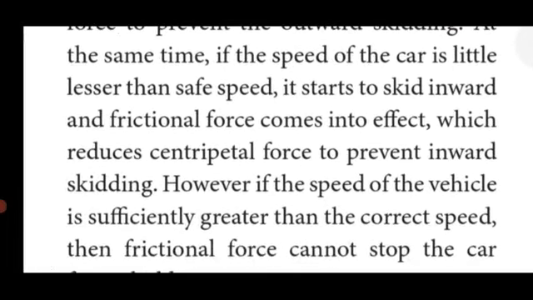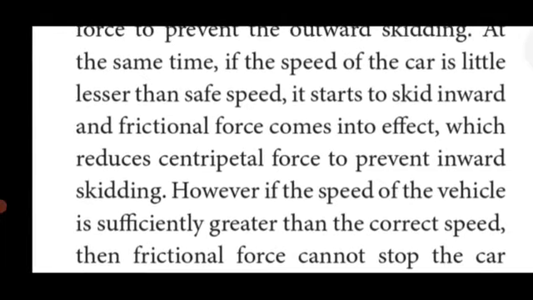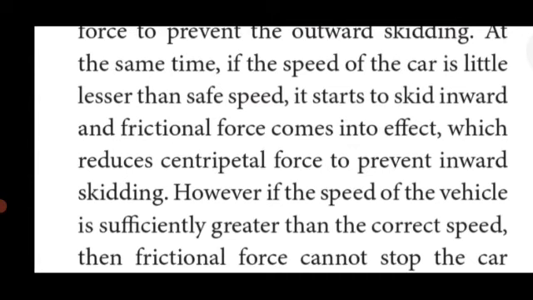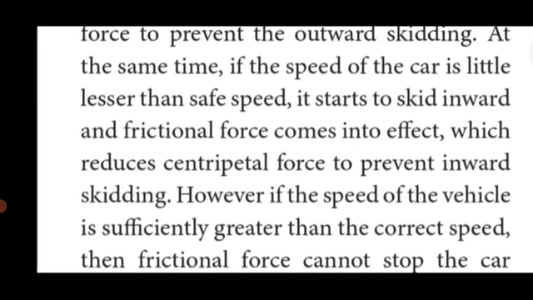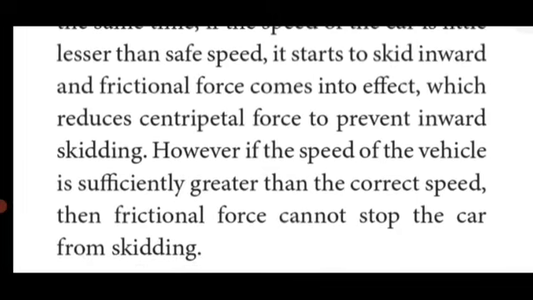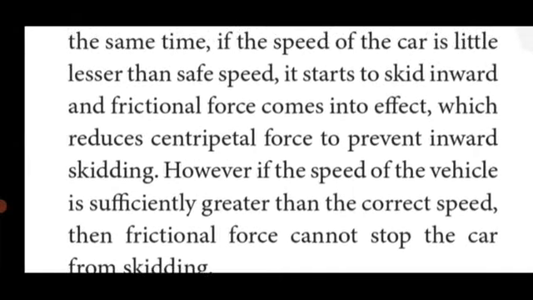In one case the frictional force reduces the centripetal force, and in the other case it increases the centripetal force. But if the speed of the vehicle is sufficiently greater than the correct speed, then the frictional force cannot stop the car from skidding. So it is determined only by the speed of the vehicle.